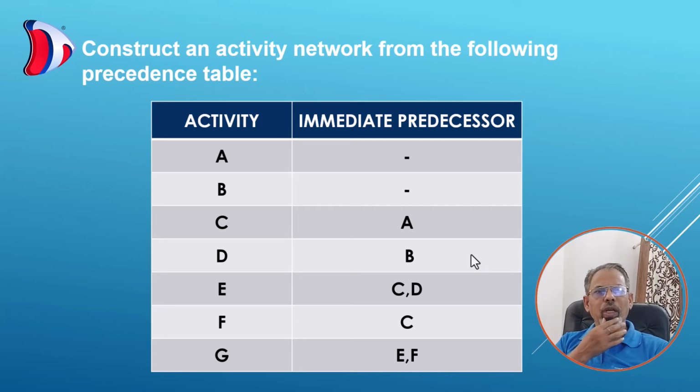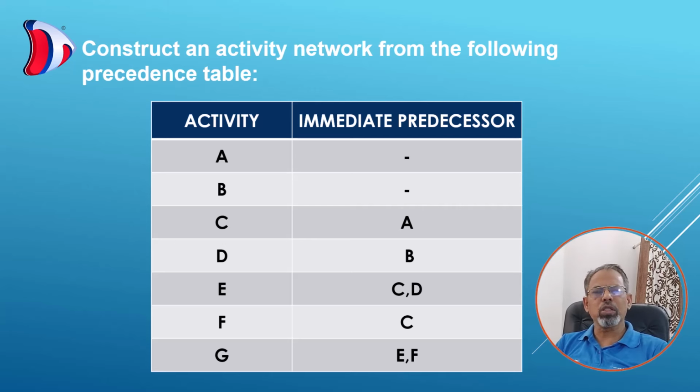Now here we have a network precedence table and we are required to create a network diagram and see whether there is any requirement for dummy activity or not.